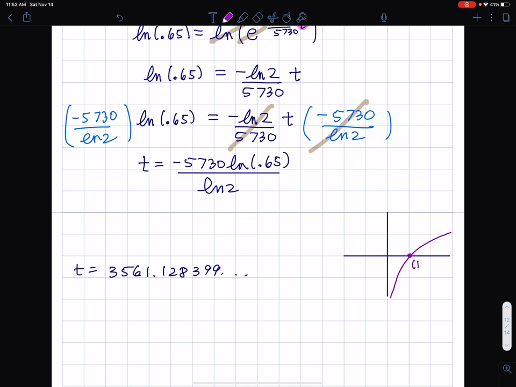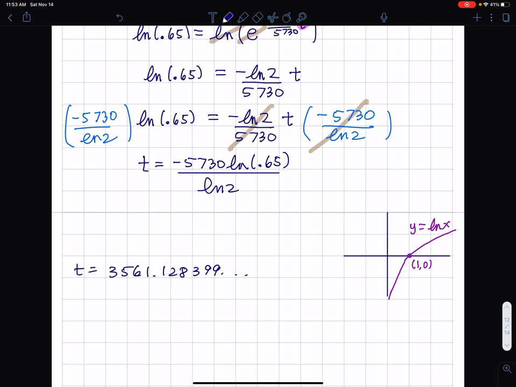In here I have 1, 0. It's something like this. So this is 1, 0, and this is y equals ln x.